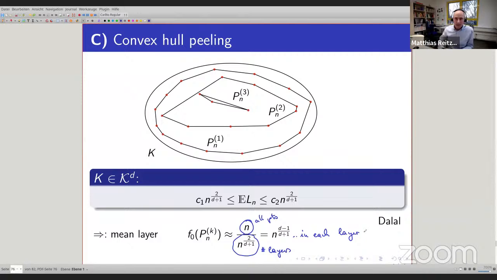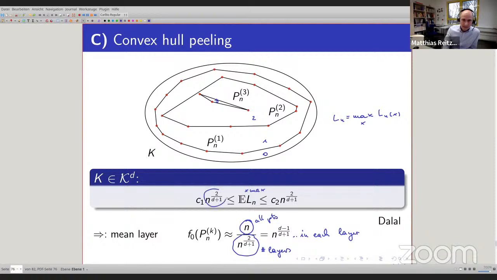Let's do something with the result of Dalal. So I have written ln as the maximum over all x of ln of x. This was 0, this is 1, all points here get 2, all points here get 3. I'm looking for the point x with the maximal layer number. This was 3 here. So this is the maximum here.